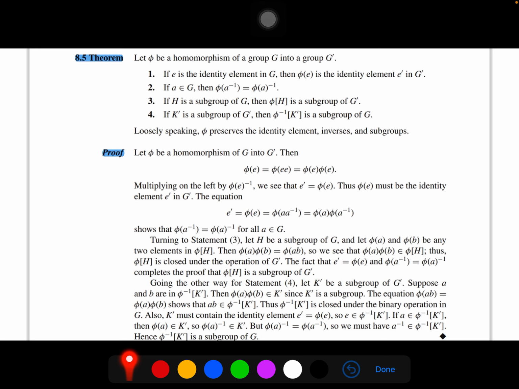After all, we actually have 4 properties altogether. The first one is that for the identity element E in the domain G, phi of E is the identity in the codomain G prime. We have seen an example just now, but in this theorem we need to prove it. The proof is quite short.